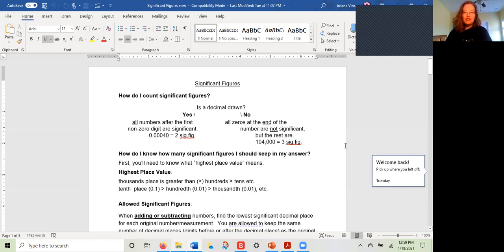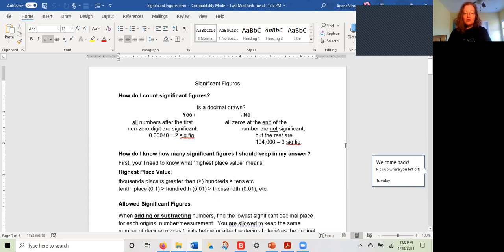What we've covered so far is how to determine, looking at a number, how many significant figures are in that number. Now we have to learn how to make sure that when we do calculations, our answers do not appear to have more accuracy than the original measurements.